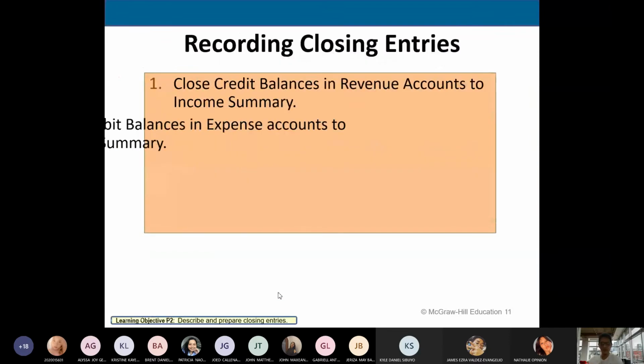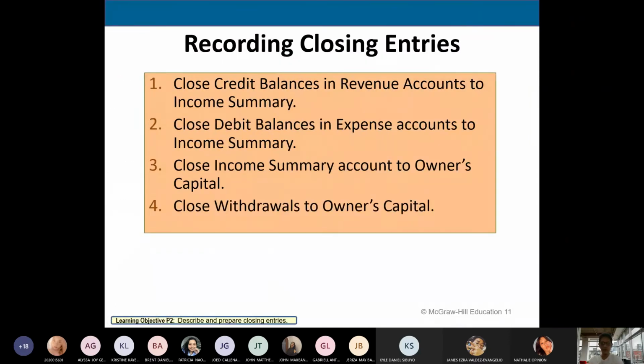Ayan, okay. So close credit balances in revenue accounts to income summary. Tama? Close debit balances in expense to income summary. Okay. Close income summary account to owner's capital and close withdrawal to owner's capital. So, alam nyo na to.